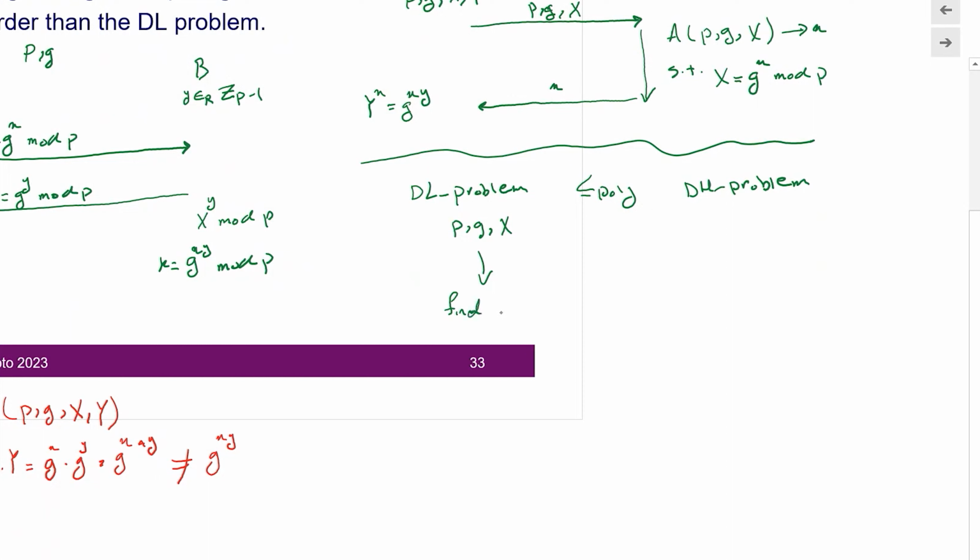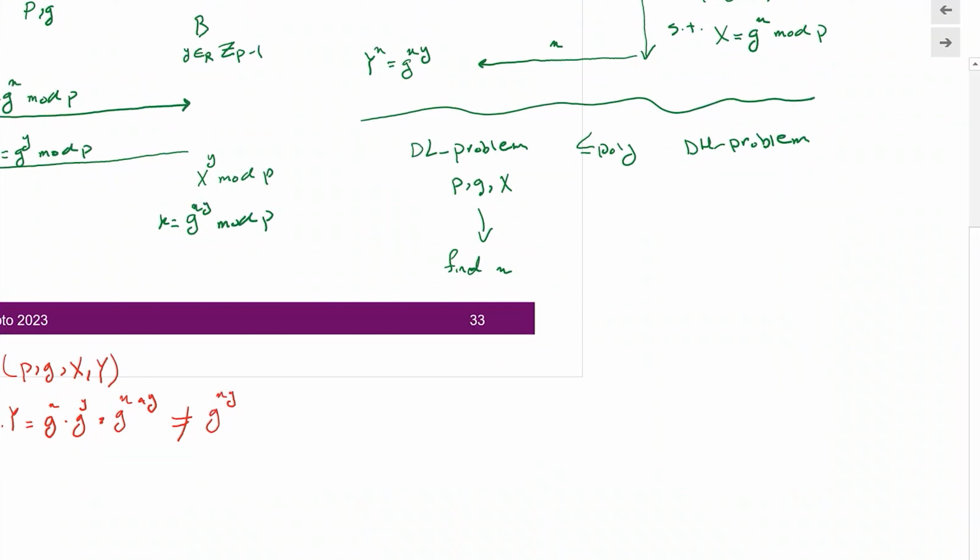Find x, right? The question is, do you guys have any idea how we can do this reduction? Right. So the point is, we don't know how to do this reduction yet. So this is yet an open problem.